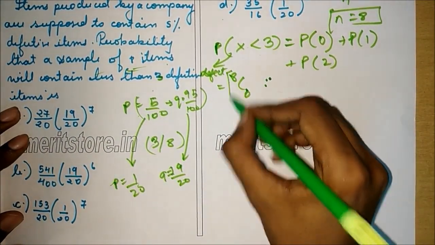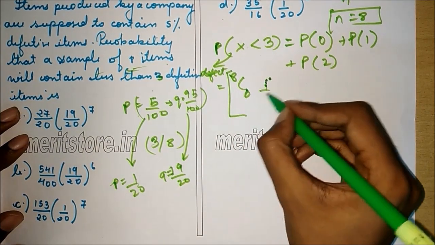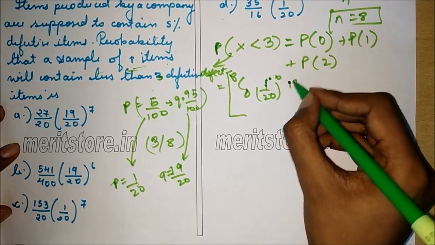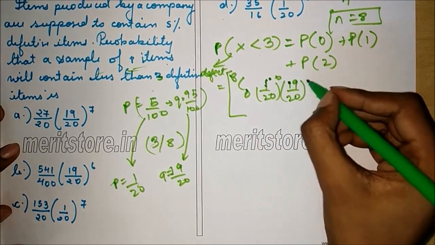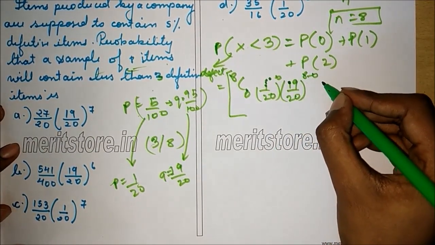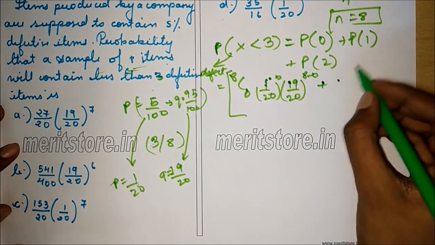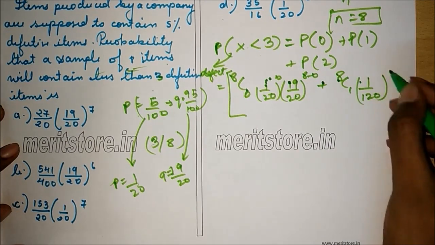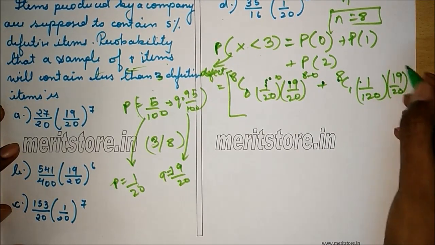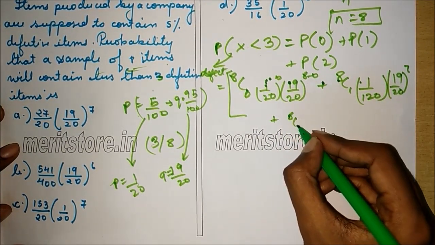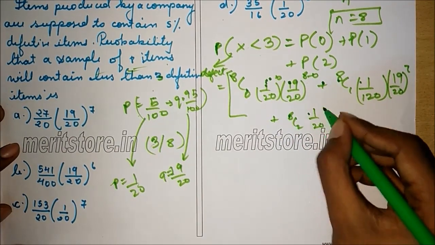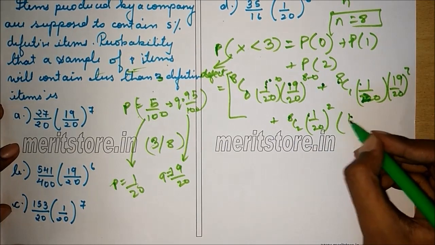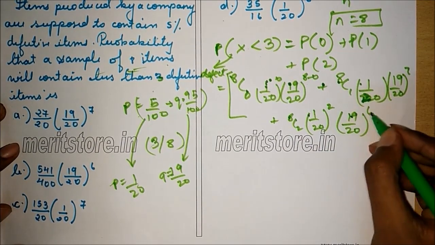So this can be written as 8C0, 1 by 20 raised to 0, into 19 by 20 raised to 8 minus 0, plus 8C1, 1 by 20 into 19 by 20 raised to 7, plus 8C2, 1 by 20 raised to 2 into 19 by 20 raised to 6.